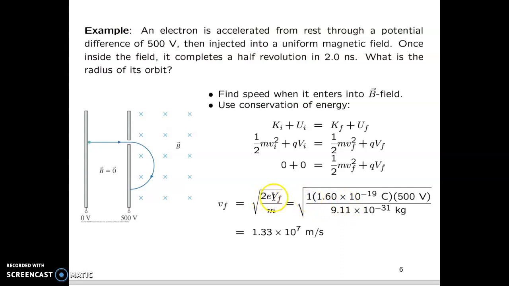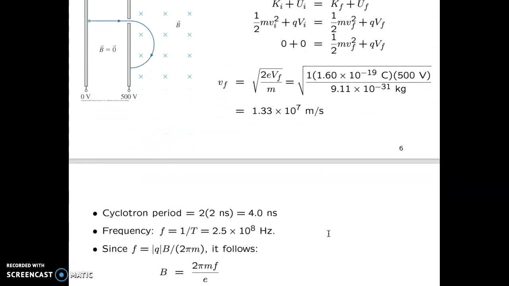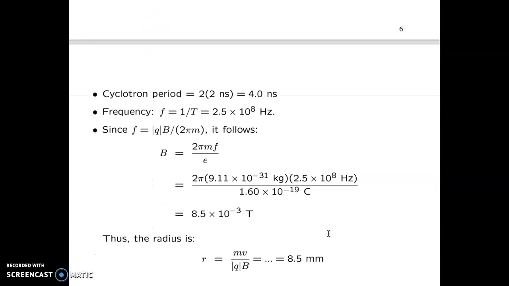I don't know why that is. I think that's just a typo. This is the charge. This is the final voltage. Look up the mass of an electron. And when you do that calculation, you get a very high speed, 1.33 times 10 to the 7 meters per second. It's a good fraction of the speed of light. Okay, so let's move on now.